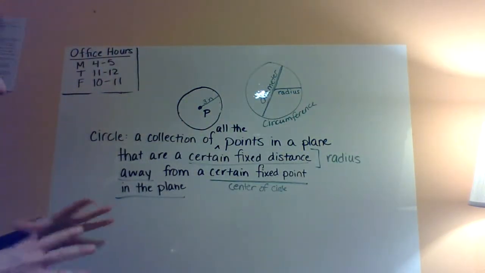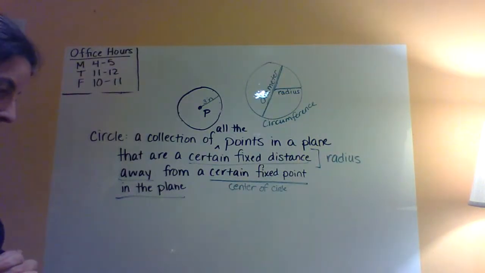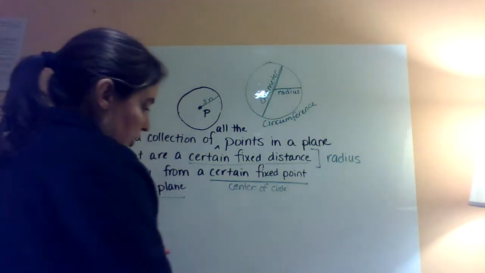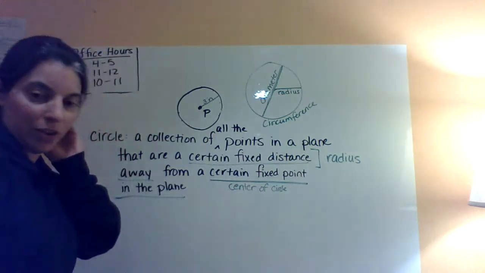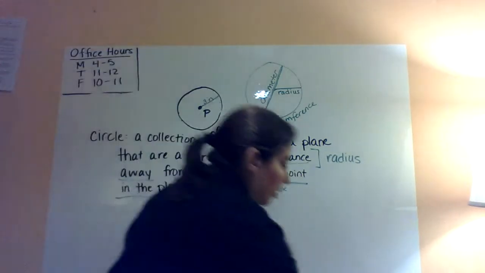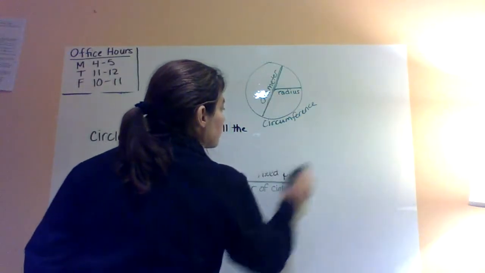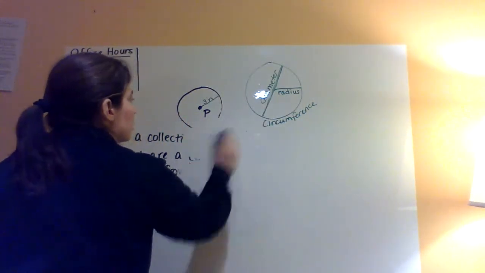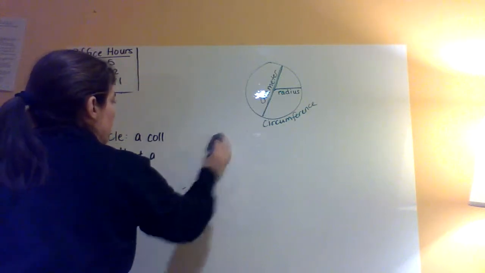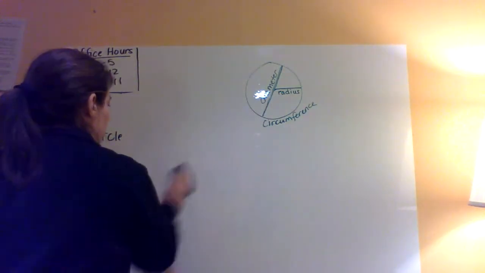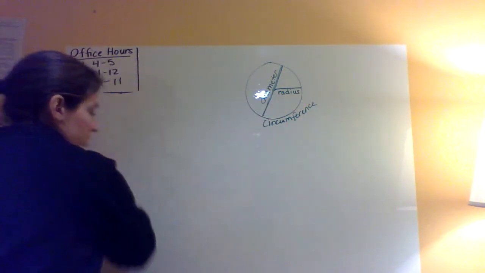Okay, so we have our circle here. Let's think about this for a minute with this circle. Let's say that we have a treasure map, okay?